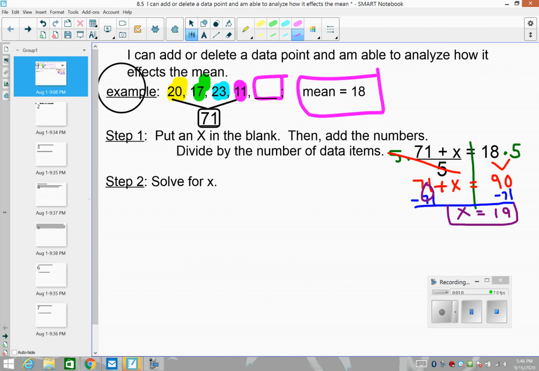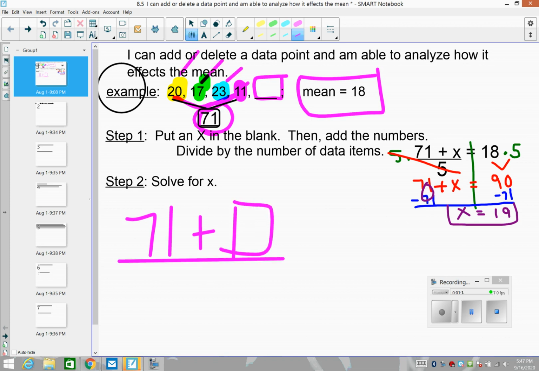So what we would do is add up the data points that we know, these ones, and we get 71. So it's really 71 plus what number, when I divide it by all of these, so 5, because this is my unknown, gives me an 18? What does that number have to be?